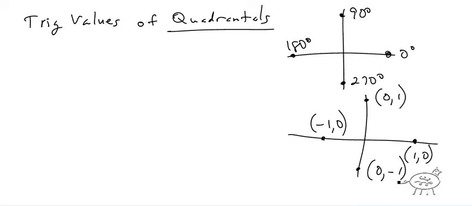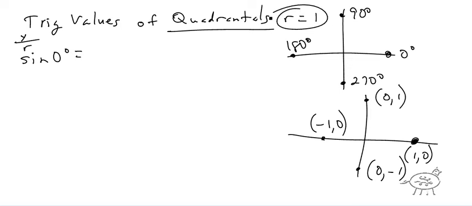Okay? So we can work our way around here. Let's do sine of 0 degrees. Well, remember, sine is, let's just write that on top here, y over r. So if I look at 0 degrees, which is our first guy right here, it's 0, and r, for all these problems, guys, r is always equal to 1, right?